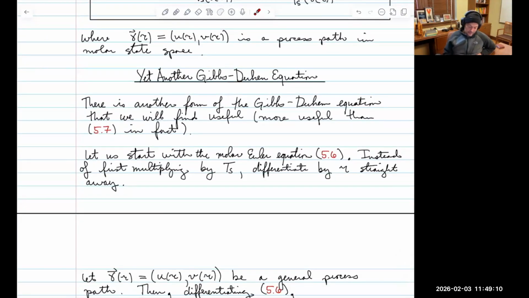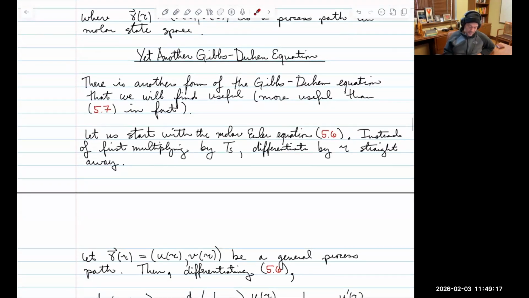In fact, we're going to use this new equation to derive, with some examples, the fundamental equations, starting with some equations of state. So how do we derive this new Gibbs-Duhem equation? Well, I thought in my last lecture I was making a mistake.